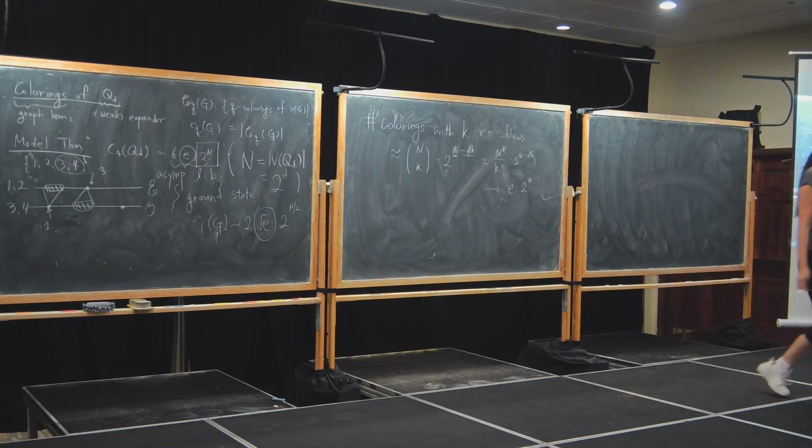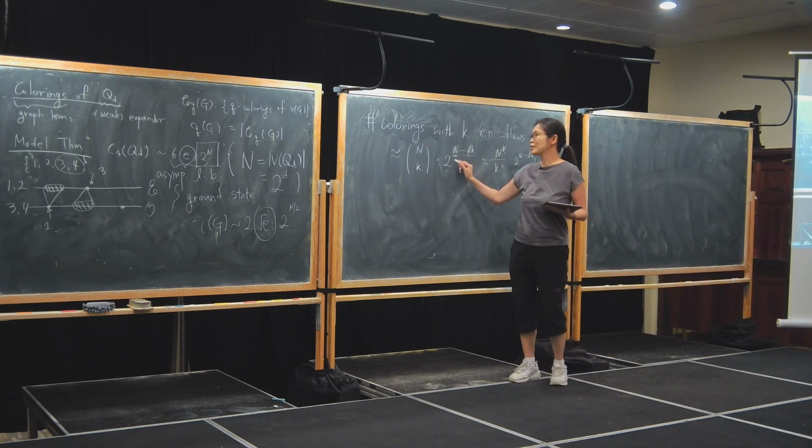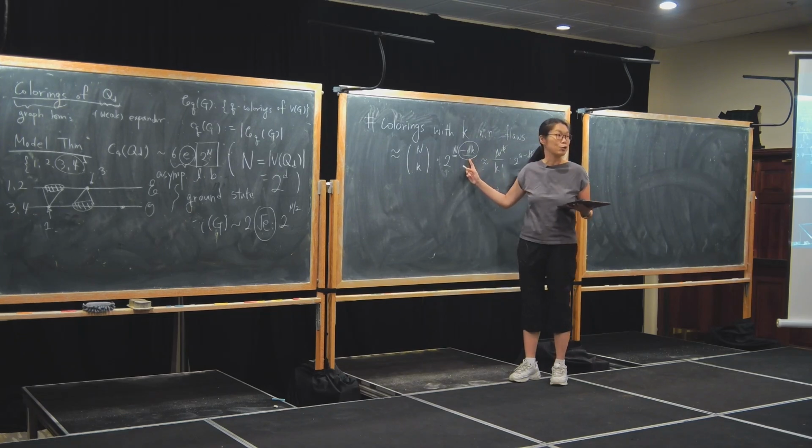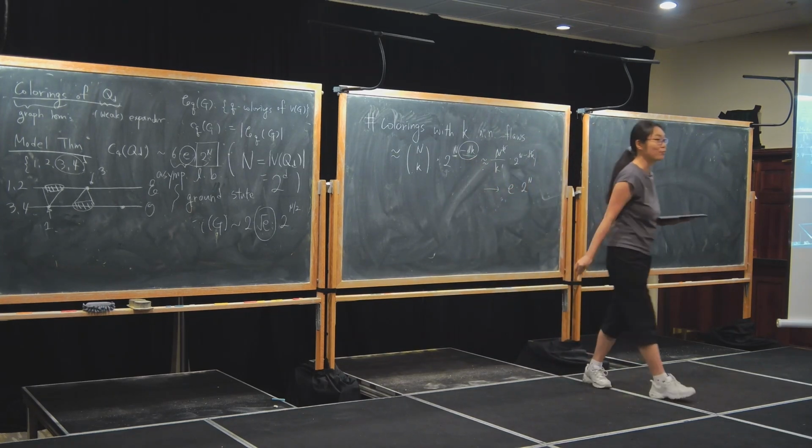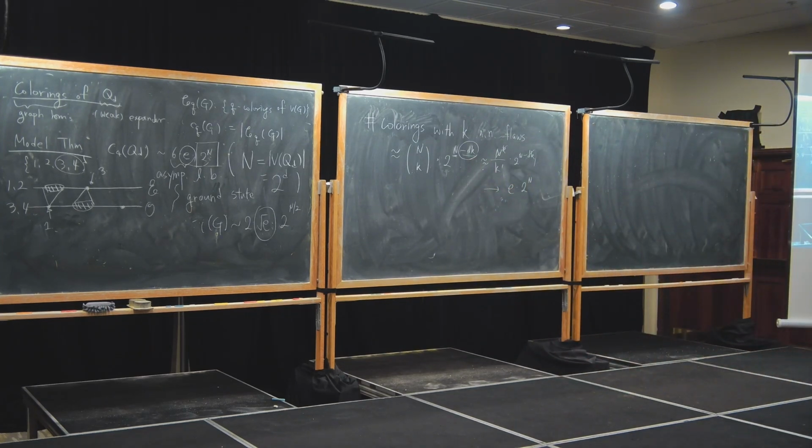Question? Don't we have to choose which colors the flaws are? I guess why is that already accounted for? Oh, okay, so that is already addressed here. This is only for the neighborhood. Yes, great, you're following. Any other questions? Yes? Oh, yeah, that is already addressed in 4 choose 2.